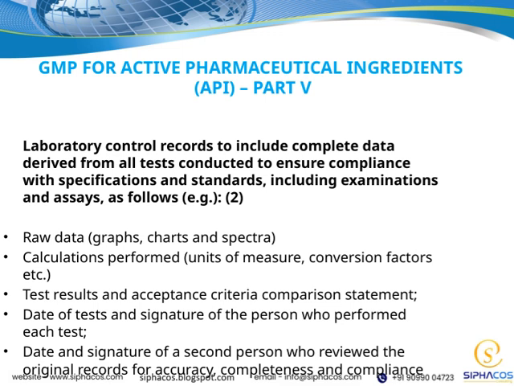To ensure integrity and accuracy, a second qualified person must review these records, also signing and dating them to confirm they are complete and correct. All these elements collectively support our GMP compliance for active pharmaceutical ingredients, ensuring that every step of testing is documented thoroughly, transparently, and verifiably.